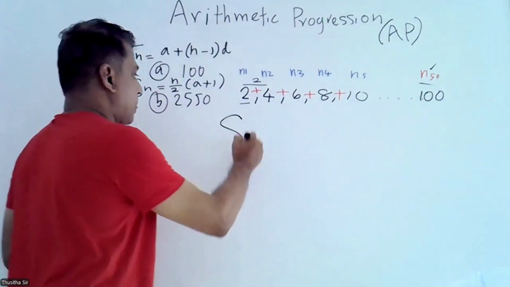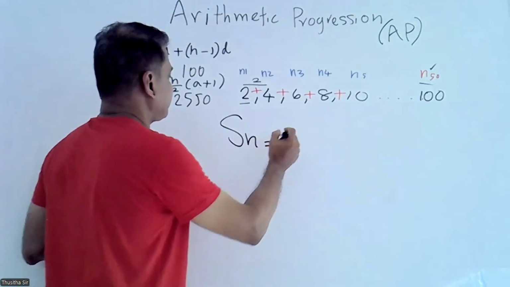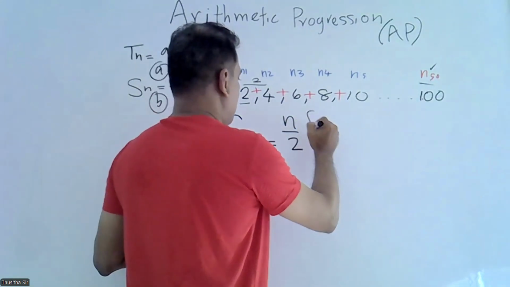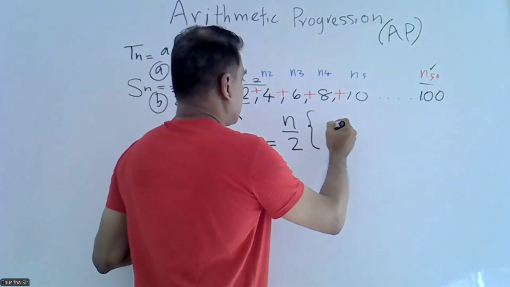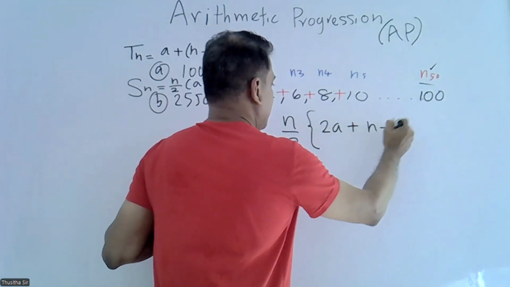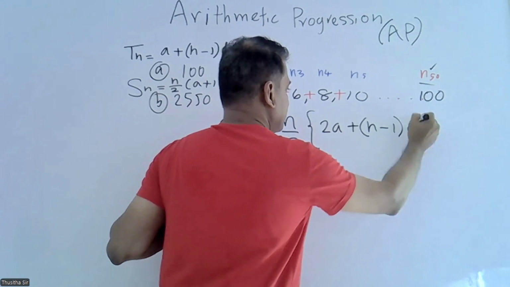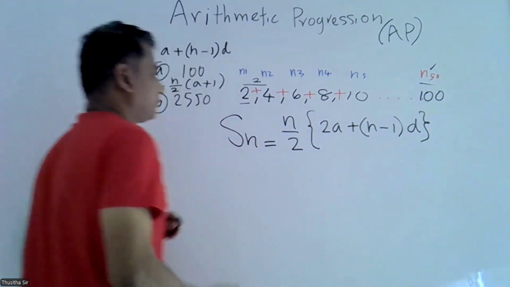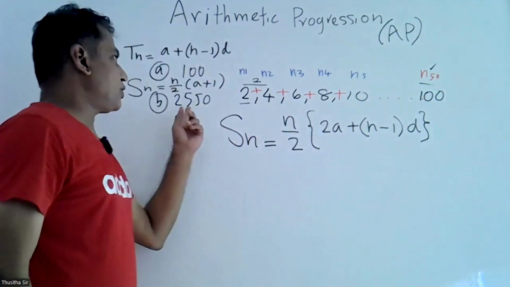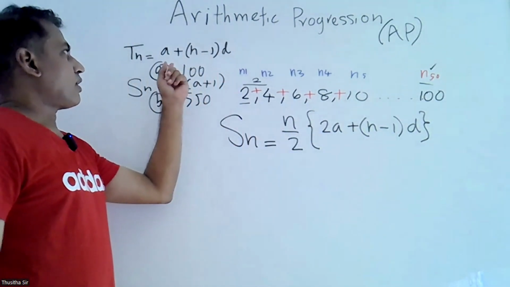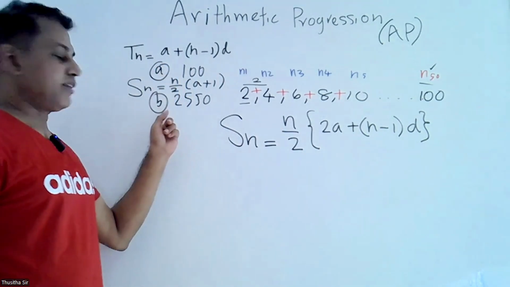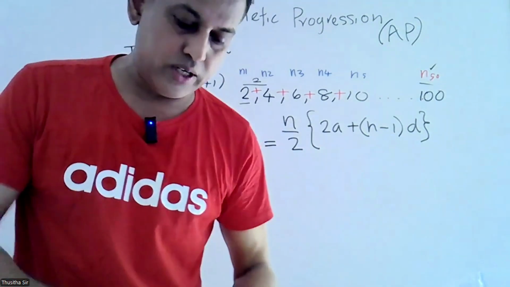It is the sum equals n divided by 2, 2A plus n minus 1 D. I can use this formula to get this value without calculating the last term, so I can skip the first step and directly calculate the total value.